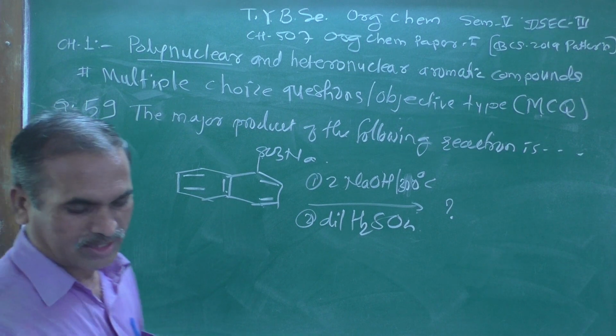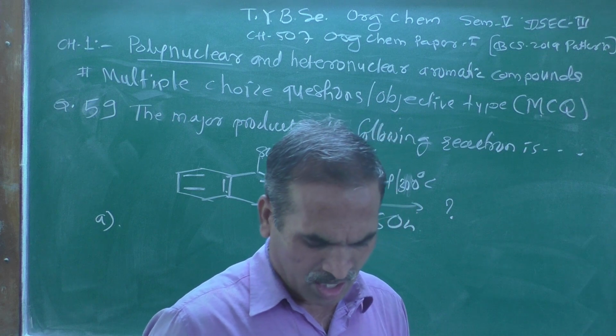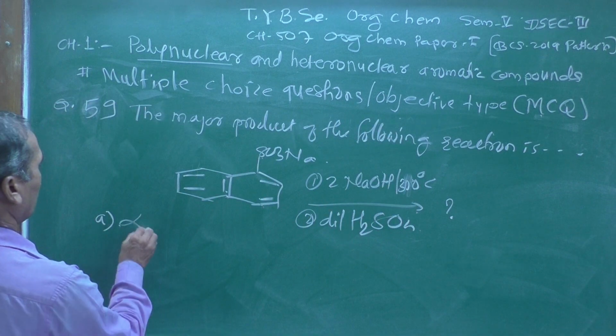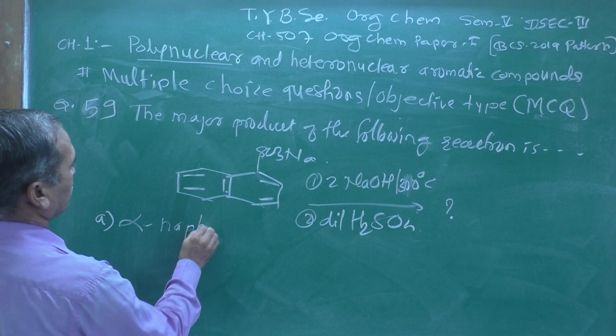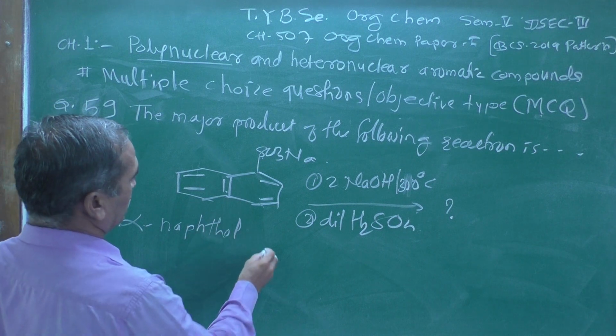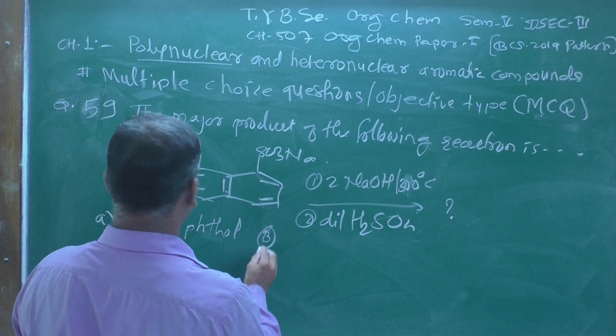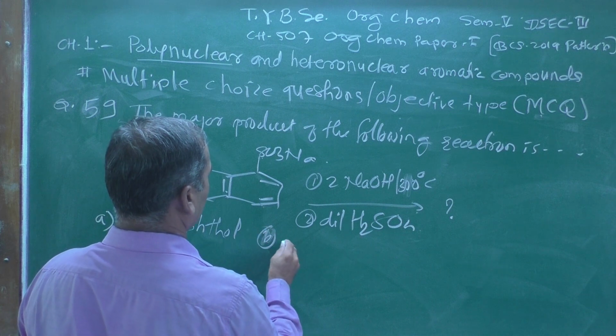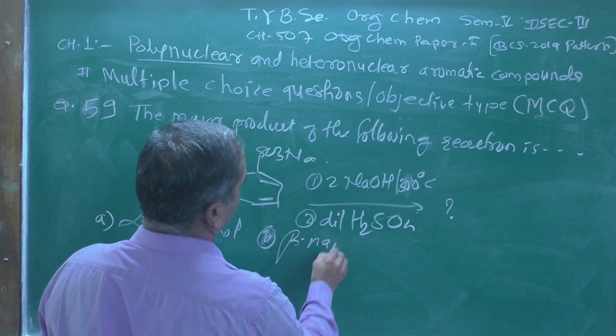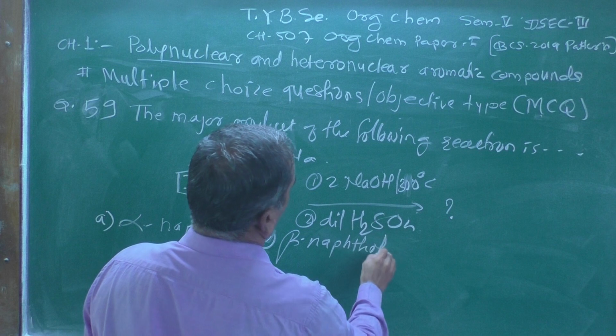The options are as follows. A: alpha naphthol. B: beta naphthol.